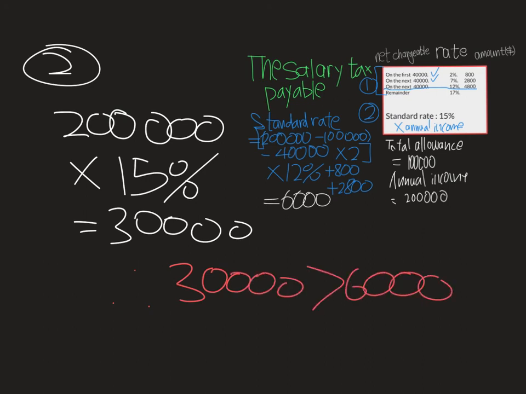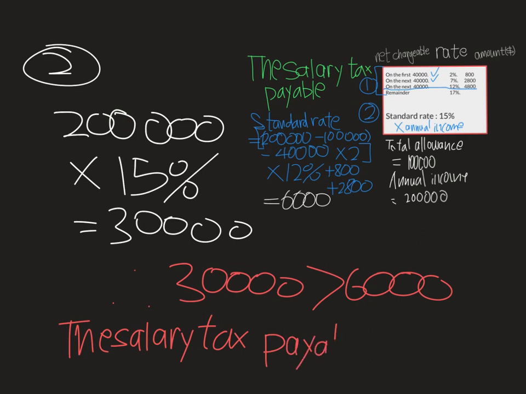So that you need to write the last sentence. That means the salary tax payable. Usually the salary tax payable we choose the lower one. Is this. So we have finished calculating it.